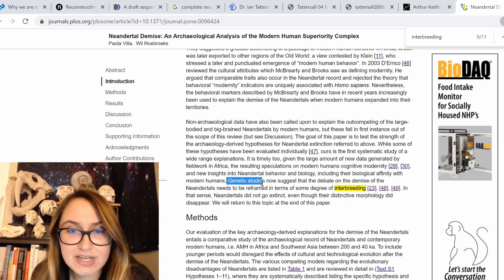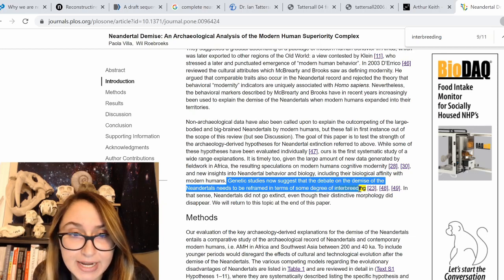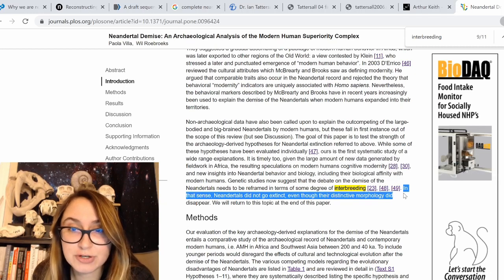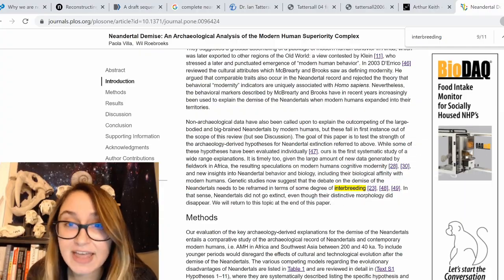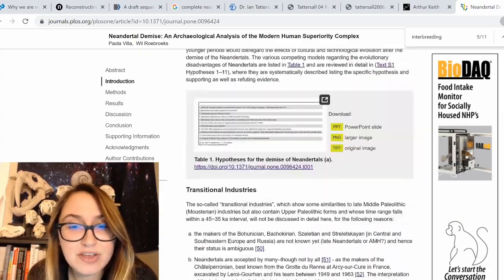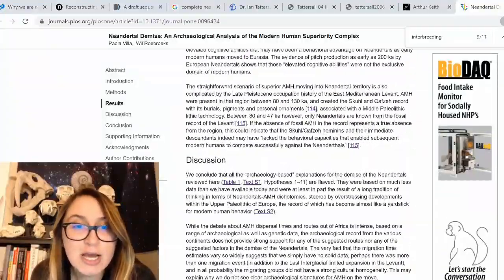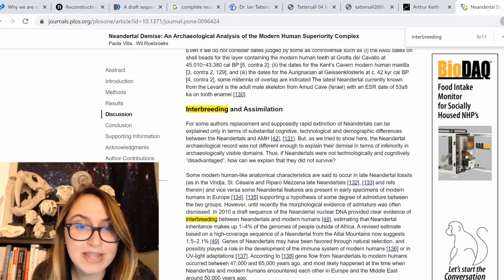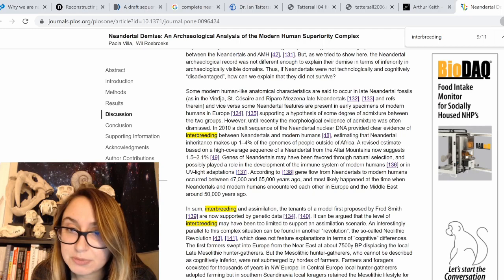"Genetic studies now suggest that the debate on the demise of the Neanderthals needs to be reframed in terms of some degree of interbreeding. In that sense, Neanderthals did not go extinct, even though their distinctive morphology did disappear. We will return to this topic at the end of the paper." If you continue downward, you will get a very nice summation of what they think happened with Neanderthals and why they went extinct, which I think is a pretty good summary.